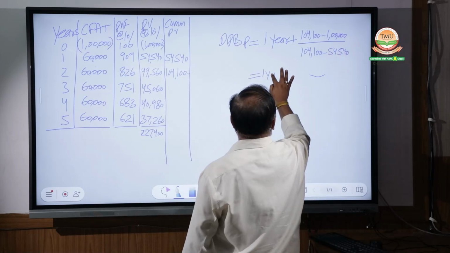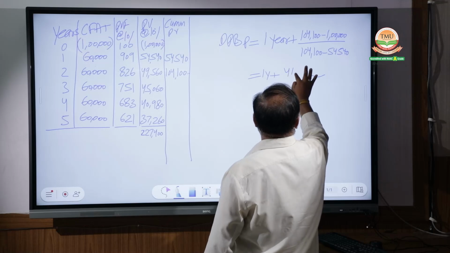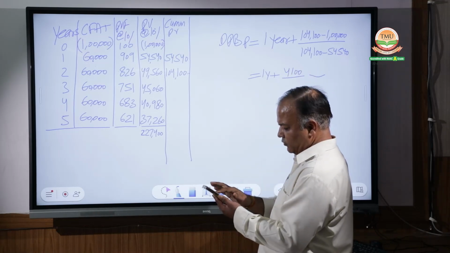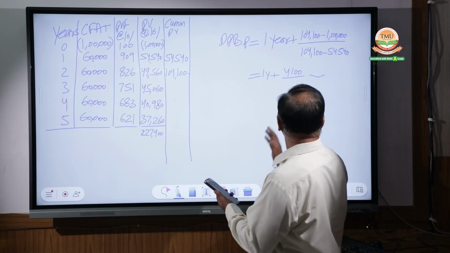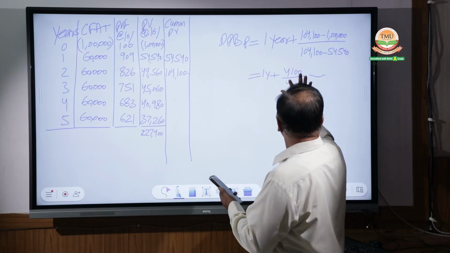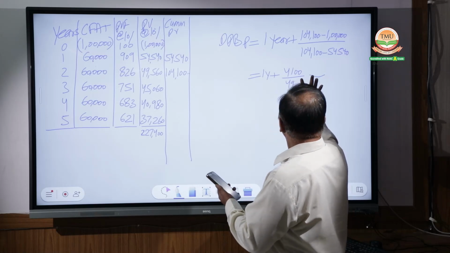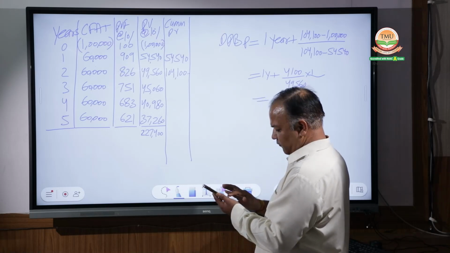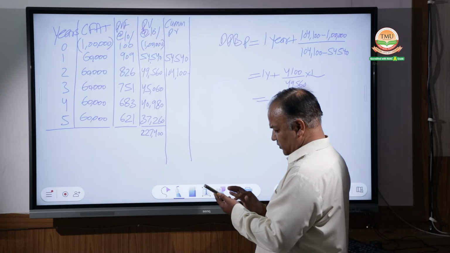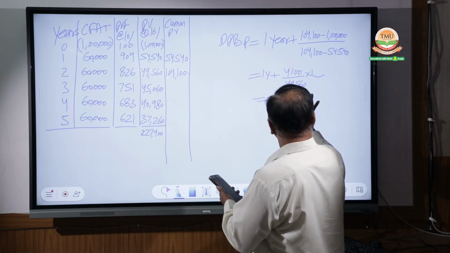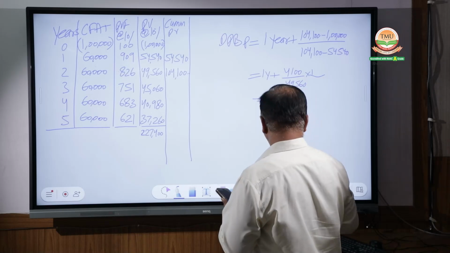It will be first year plus 4100 divided by 104100 minus 54540, which is 49560, into 1. 4100 divided by 49560 is 0.08. So 1 plus 0.08. Here will be the answer.